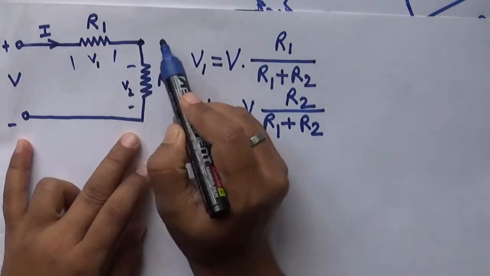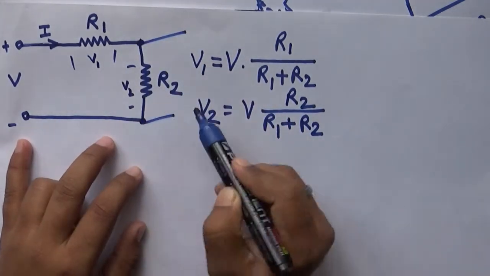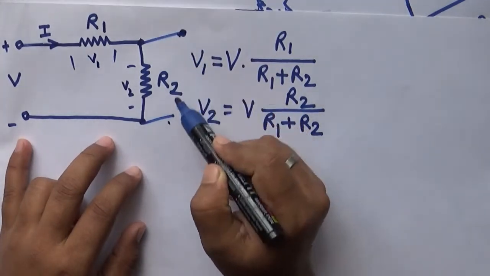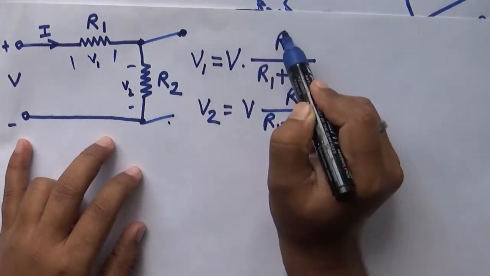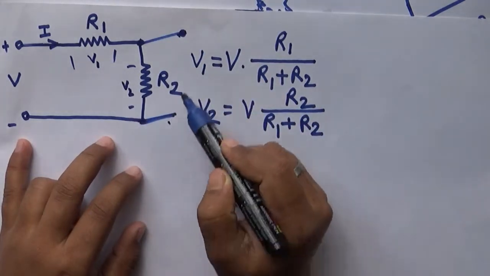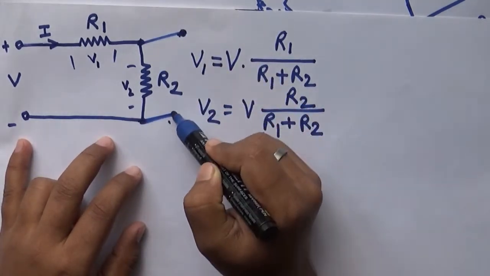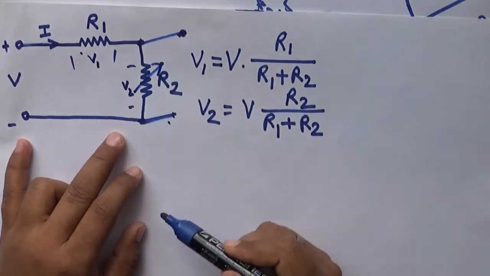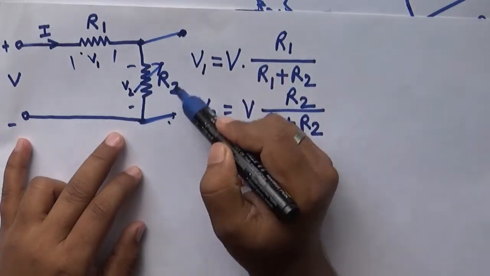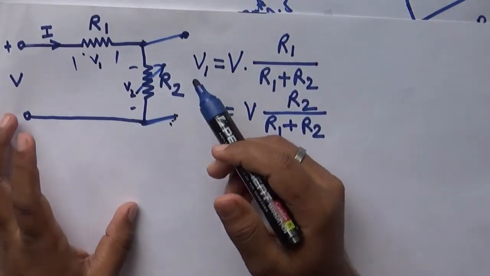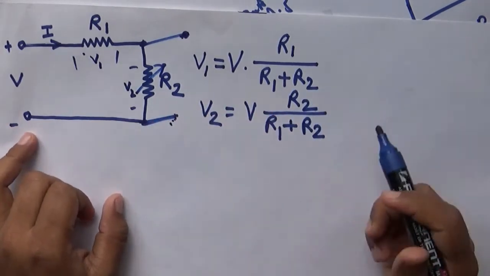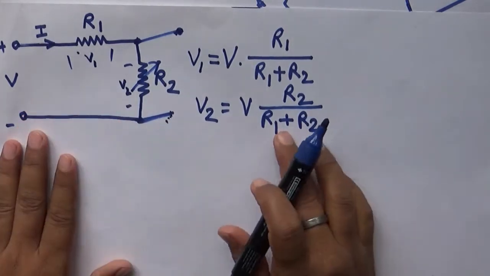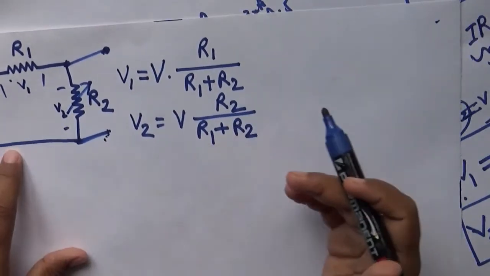If we collect the output from here, it is V2, and if it goes into a circuit with ground, then by varying the output voltage here, V2 can vary also.